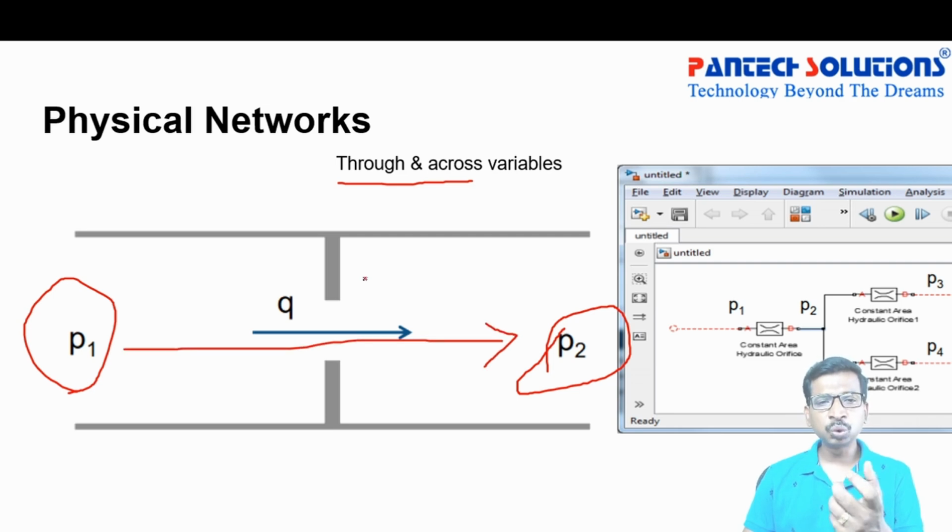And the across variable is nothing but the difference between these two nodes, P1 and P2.